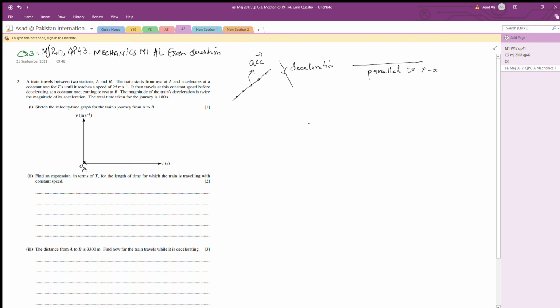So here this is called constant speed. We have done these things in IGCSE mathematics. These are basically things which are done in IGCSE math.